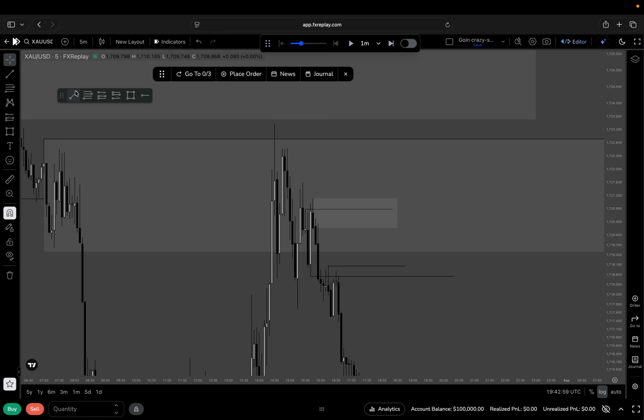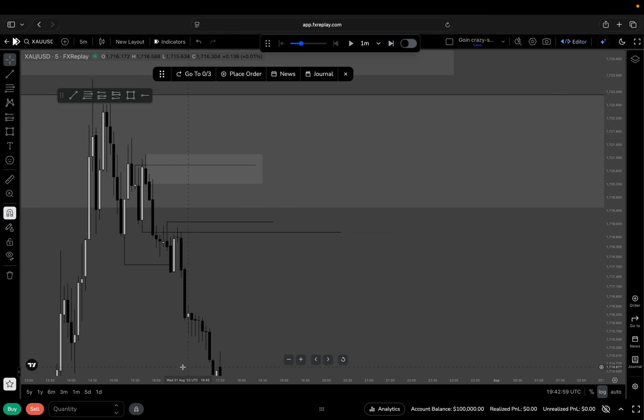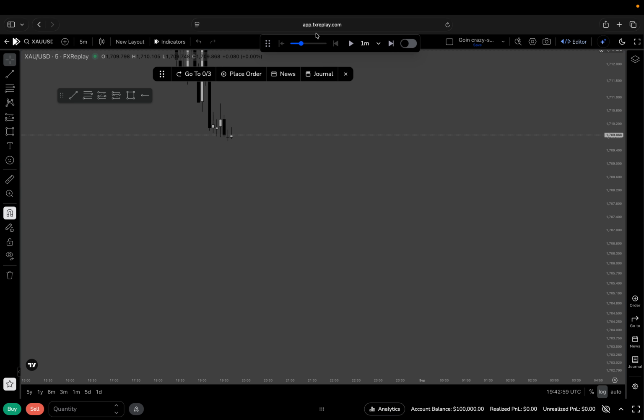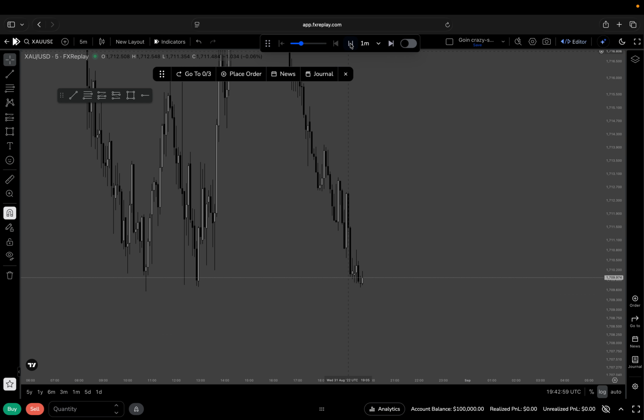Yeah, I mean it's hard to say because we didn't break this structure, but we broke this one with no sweeps. Sorry, we did get a sweep here as I mentioned before, but we didn't get a retracement. So it's not our fault for missing our trade. Price just does what it wants.